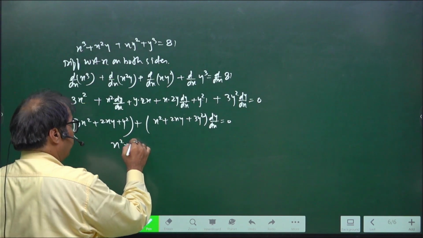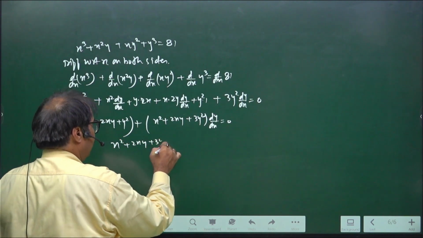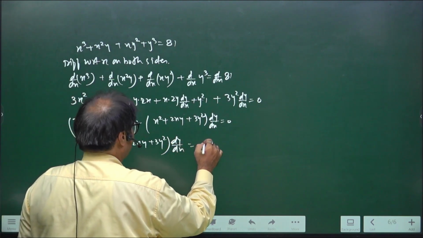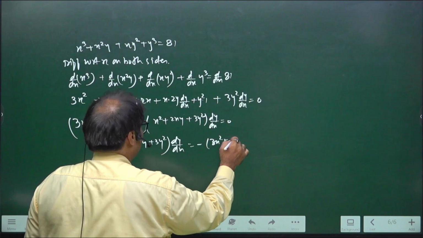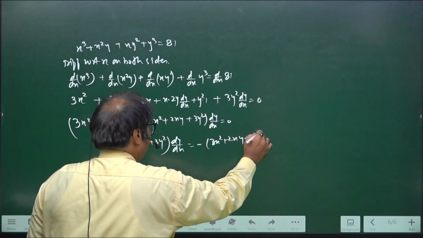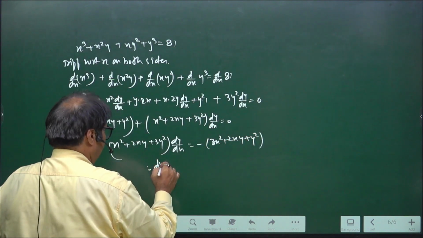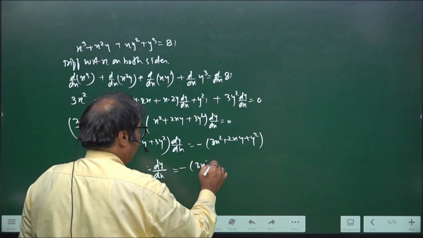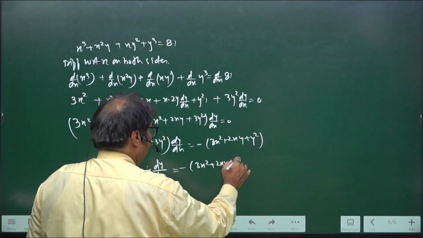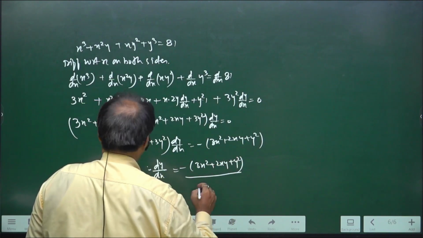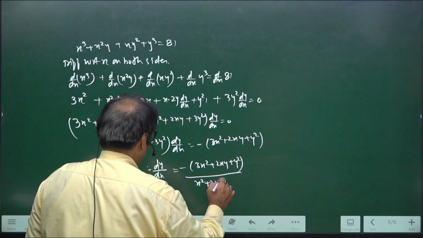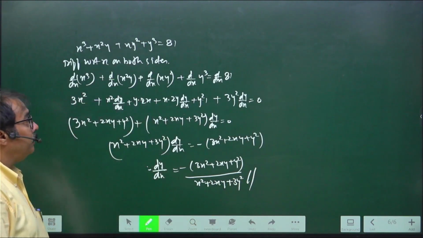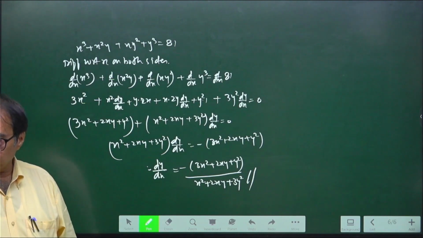So x square plus 2xy plus 3y square into dy by dx is equals to minus of 3x square plus 2xy plus y square. So hence finally dy by dx is equals to minus 3x square plus 2xy plus y square divided by x square plus 2xy plus 3y square, and this is the answer of this question. Okay.